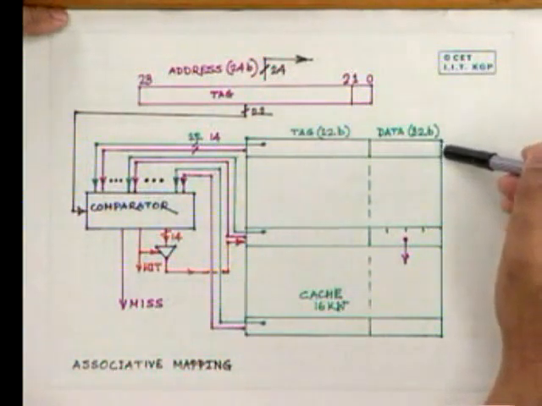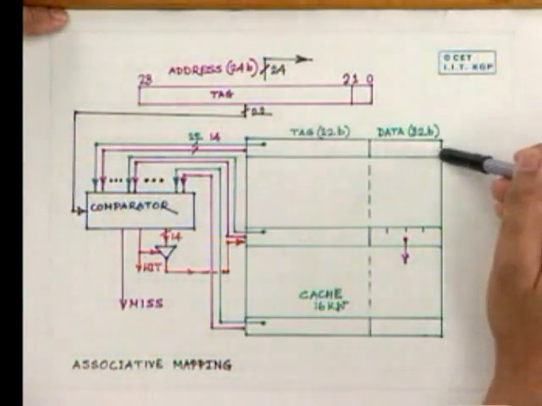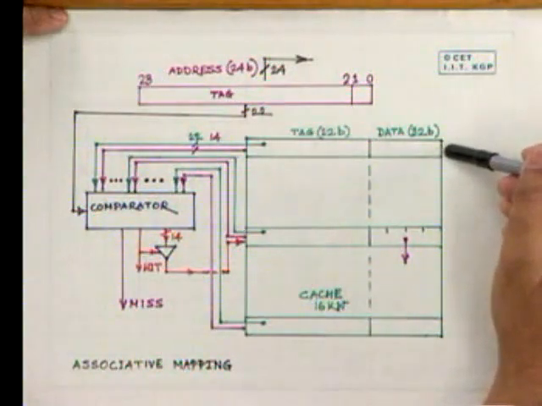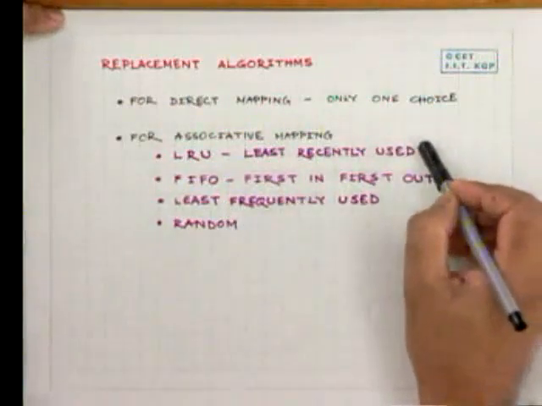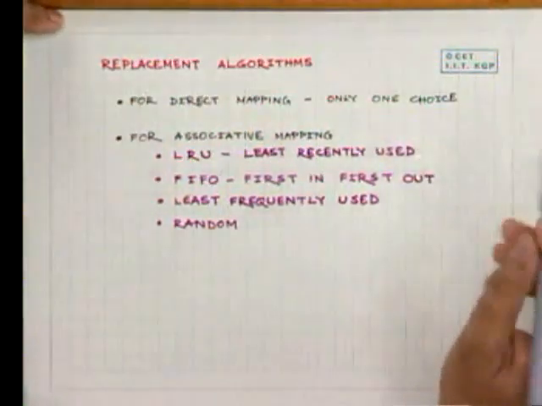If the line has a 0 bit, that means that particular line has not been used for quite some time and therefore is a candidate for replacement. Therefore, it replaces that particular line where the use bit is 0, which means since this bit has not turned out to be 1 for quite some time, we can assume that it has not been used recently, and therefore is a candidate for replacement. This is the least recently used algorithm and its implementation.